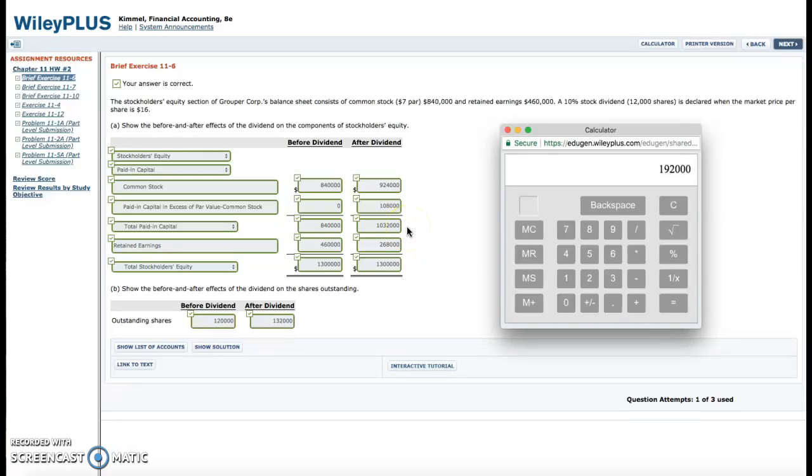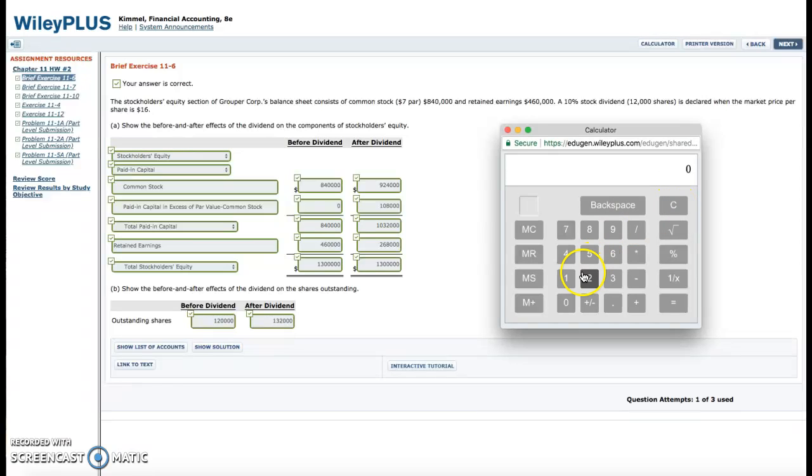So we are going to then subtract from the retained earnings number before dividend $192,000, and it will give us the new retained earnings after dividend, which will be $268,000. Wait, sorry, I got to start over here.